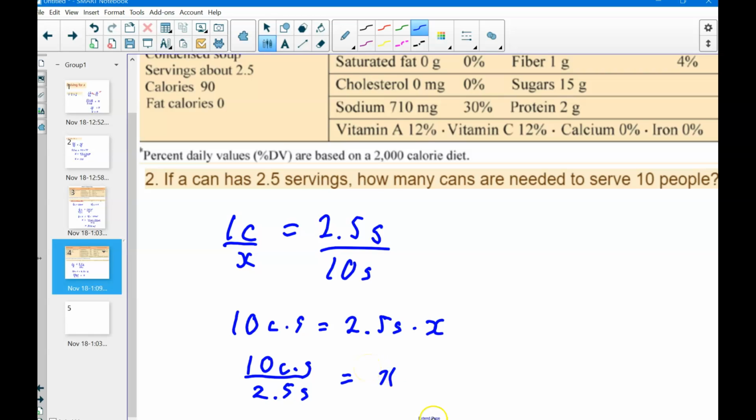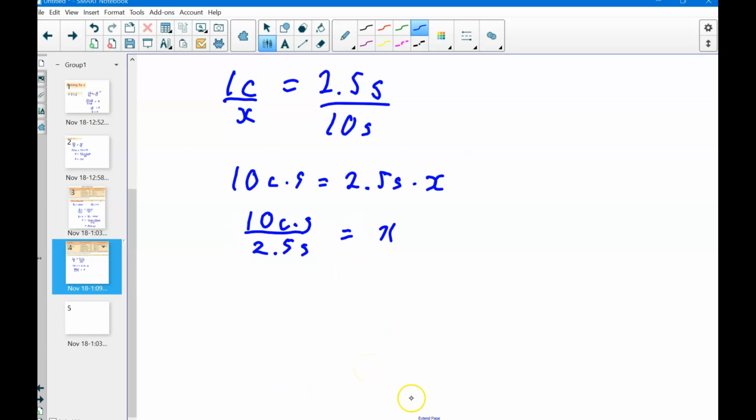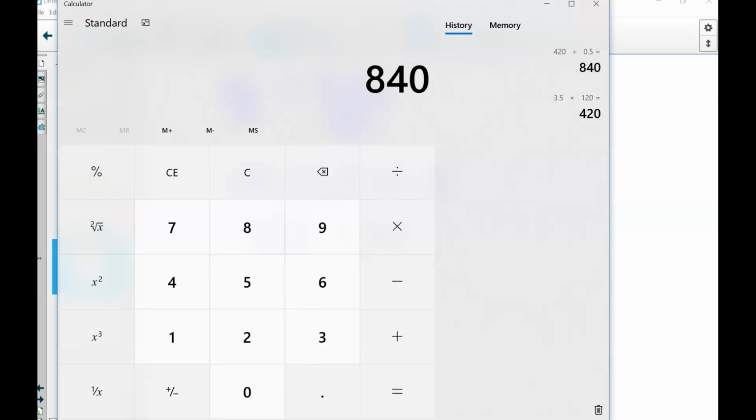And you know what's going to happen? I have 10 divided by 2.5. It's going to give me 4 cans.